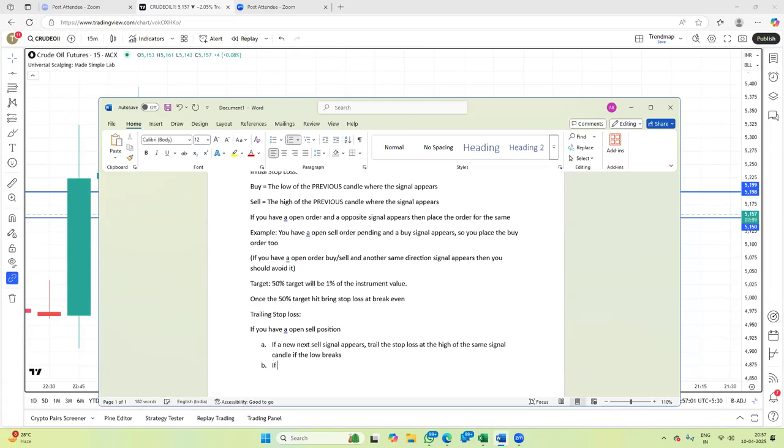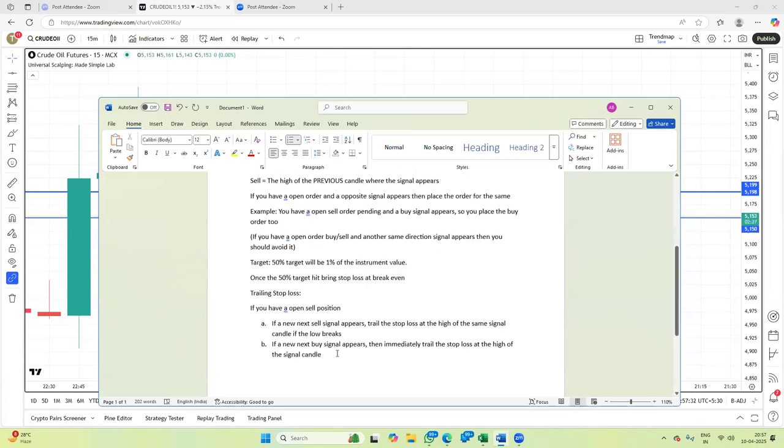Now B, if a new buy signal appears, then immediately trail the stop loss at the high of the signal candle. This is very, very important.